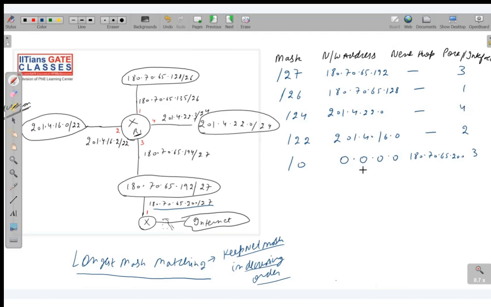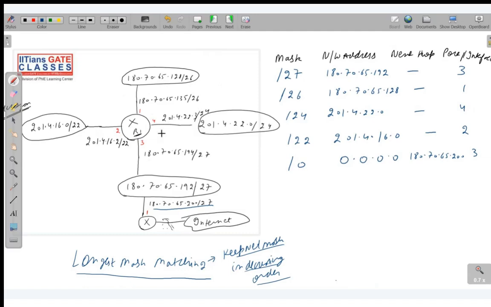Port interface 3. Like the last one, we wrote 3 now, sir. 3, because from here itself it will be forwarded, because you want to send the packet to this router, and this router will send it to the internet. If these 4 are the networks, then it's okay.